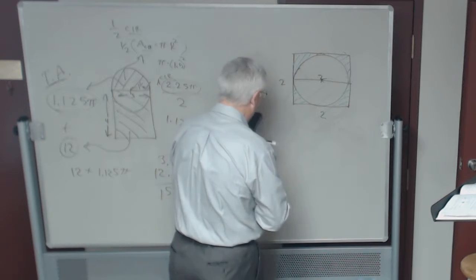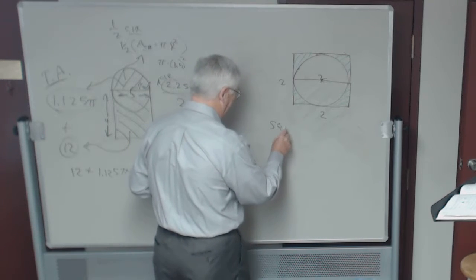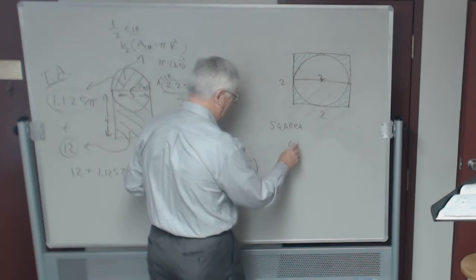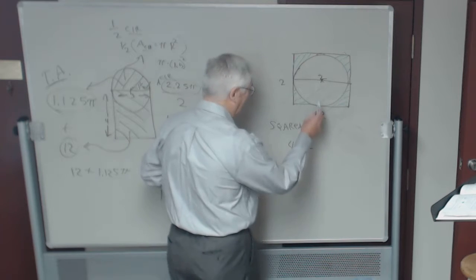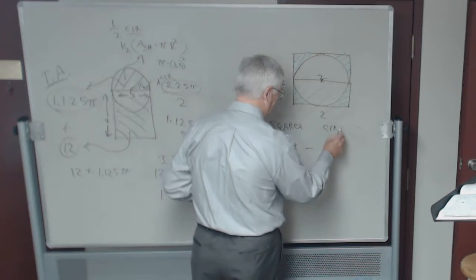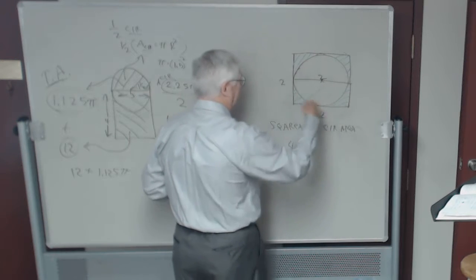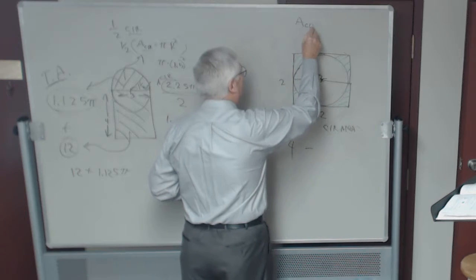Well, what would that be? That would just be the area of the square, which is what? 4, 2 times 2, minus the circle area. What's the area of a circle?